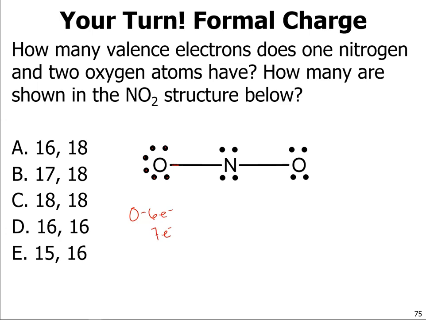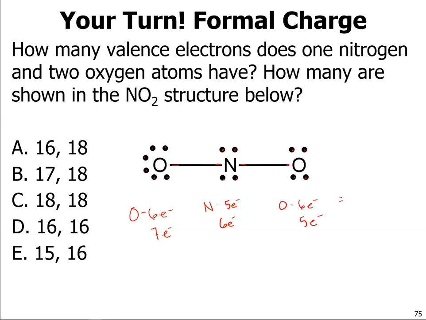For this nitrogen in the middle, we have 1 in this bond, 2, 3, 4, 5, 6. So here we have 6 electrons. Normally nitrogen has 5 electrons on the periodic table. And then for the final oxygen on the right, we have 1 electron here, 2, 3, 4, and 5. Again, oxygen normally has 6 electrons. Now we have 5 electrons.